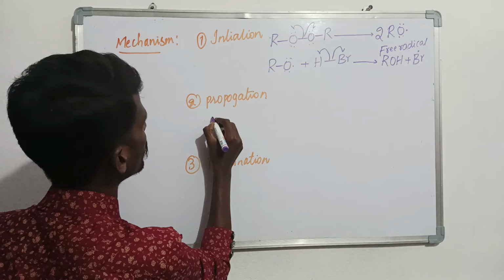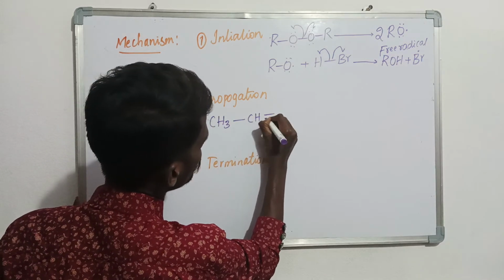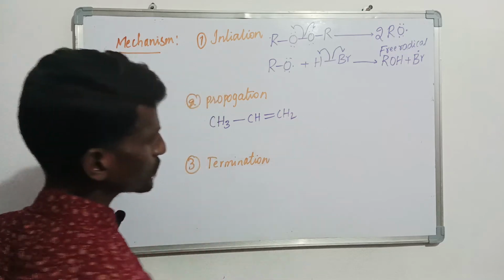Then this bromide free radical reacts with CH3 CH double bond CH2.